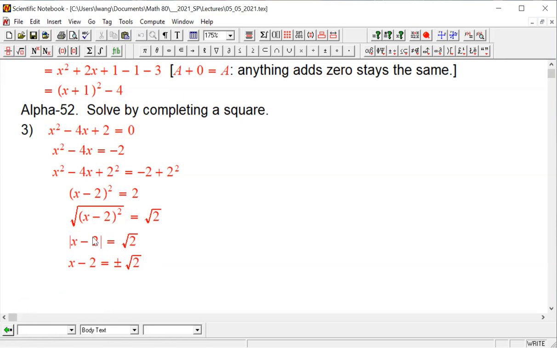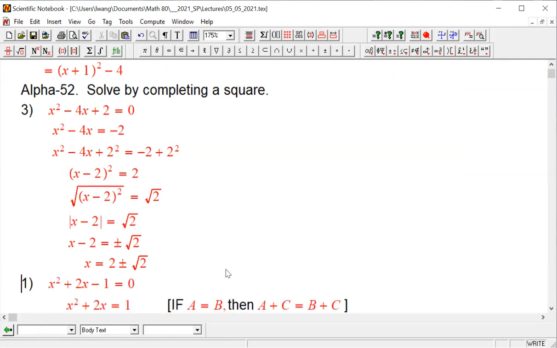In the end, we add 2 on both sides. If A is the same as B, adding the same number on both sides, we use that principle a lot. So x equals 2 plus or minus the square root of 2. These are the solutions. We get 2 solutions. So that's number 3.